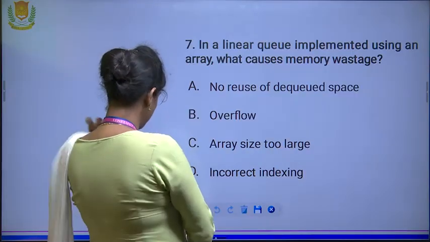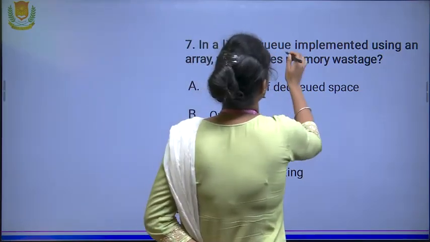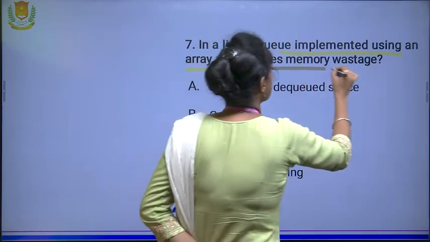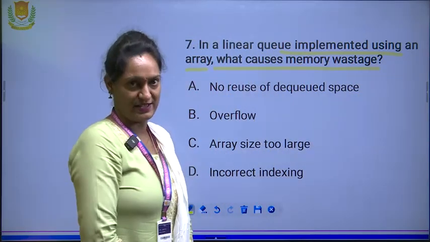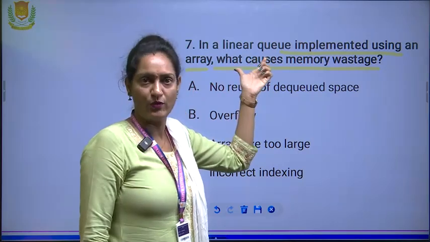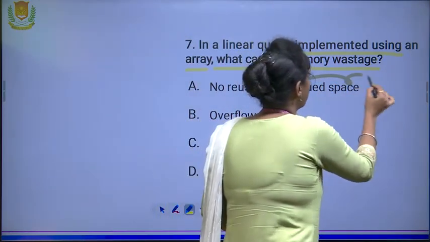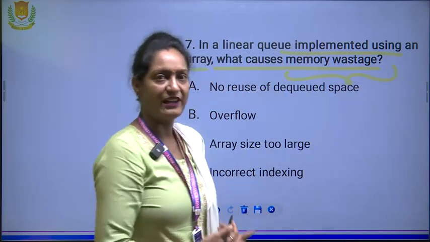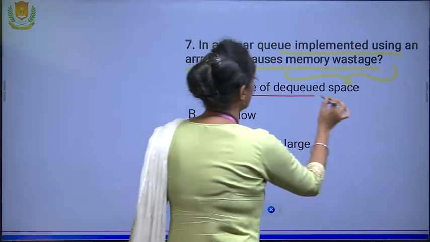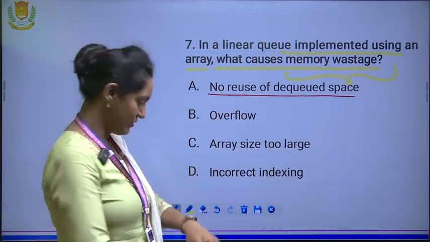Question number 7 is: in a linear queue implementation using arrays, what causes memory wastage, right? The options are: number 1, no reuse of dequeue space. The next is overflow.